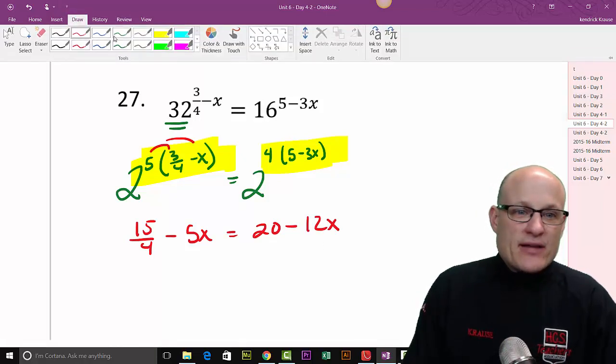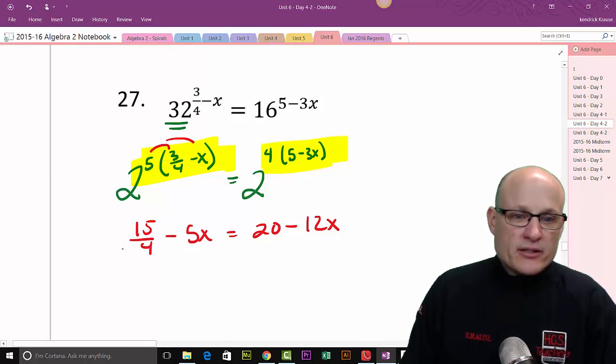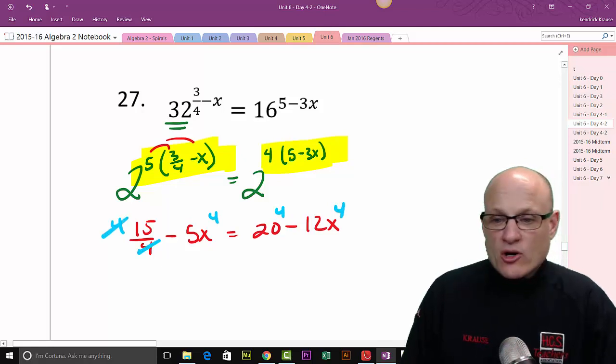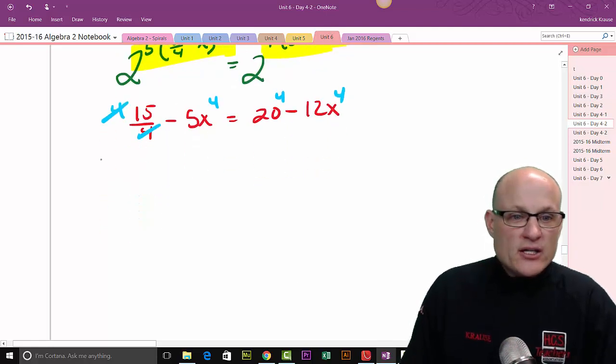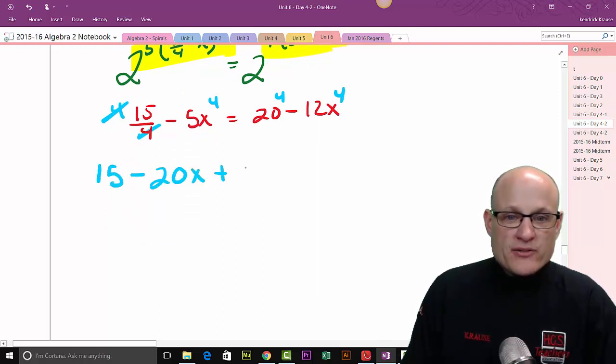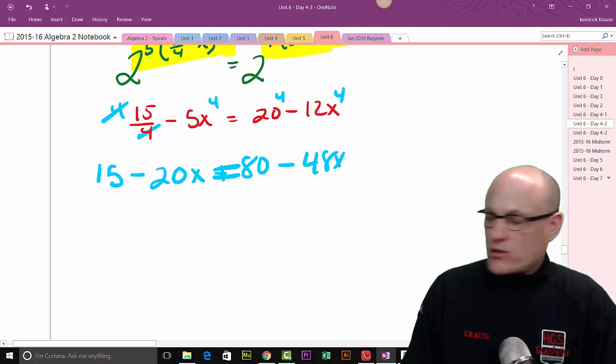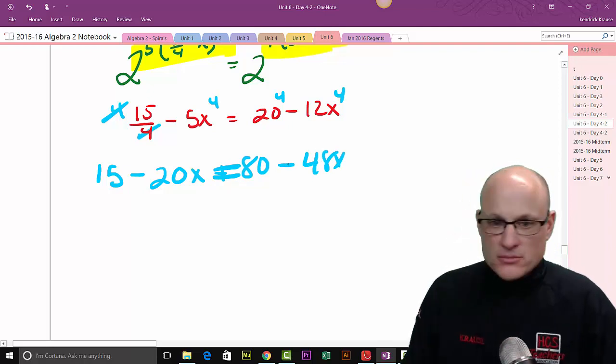Now, I don't like that fraction. So I'll bust out the blue pen here, and I'll multiply everything through by 4. I'm picking 4 because these will cancel, and then I no longer have that crazy fraction there. So I end up with 15 minus 20x equals 80 minus 48x.